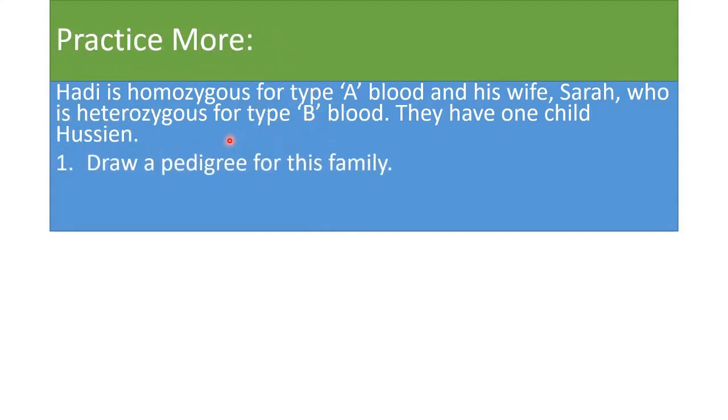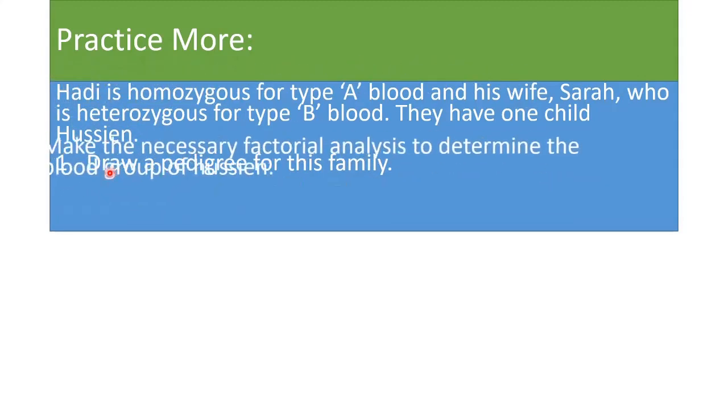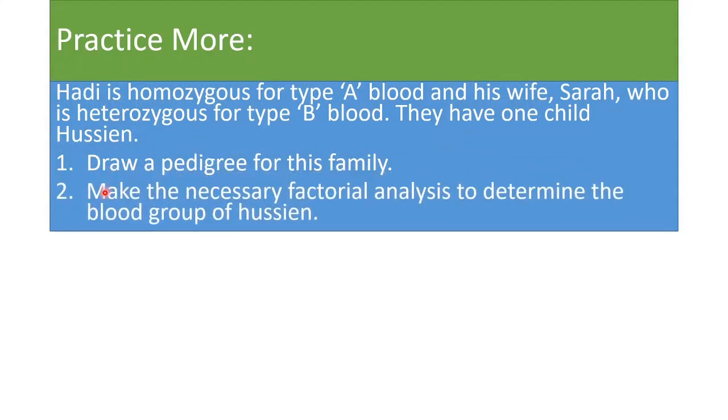The questions of this exercise: 1, you have to draw a pedigree for this family. 2, you have to make the necessary factorial analysis to determine the blood group of Hussein. Please do this exercise, and you can send it on WhatsApp, or you can send it as an attachment in the library or the agenda.